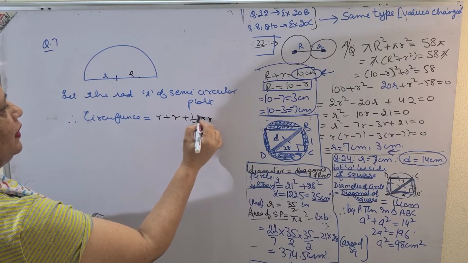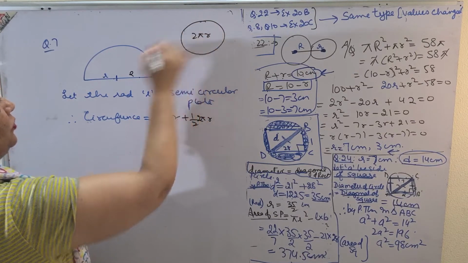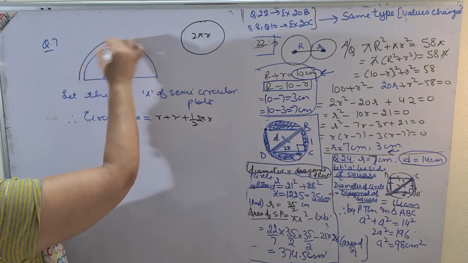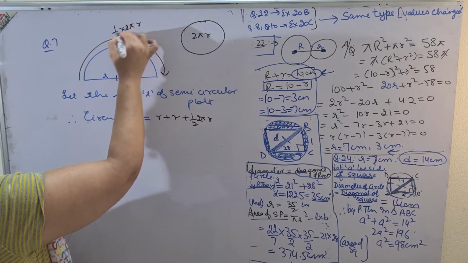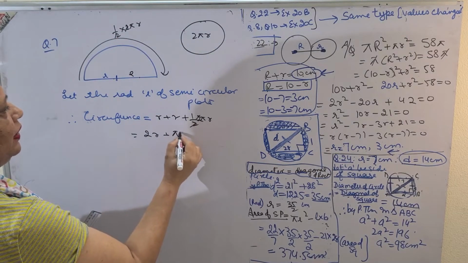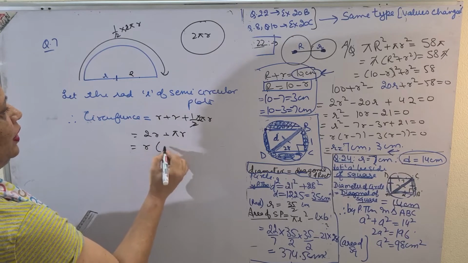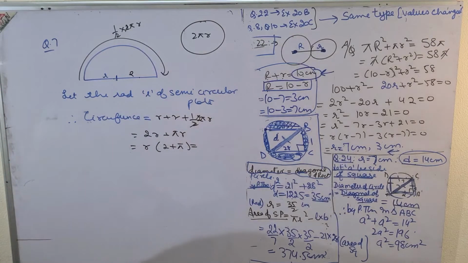As you know that for a circle the circumference is 2 pi r, so for a semicircle this much boundary will be half of 2 pi r, and the rest you know: 2r plus pi r, or you can take r common, r times 2 plus pi, and this value has been given to you in the question. This is equal to 108 centimeter.